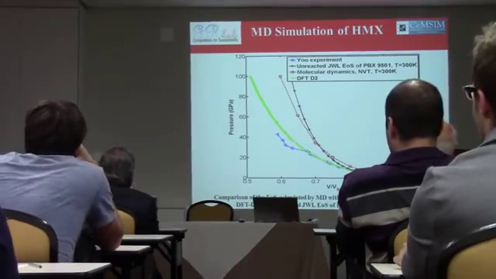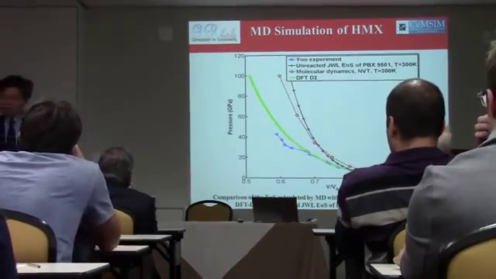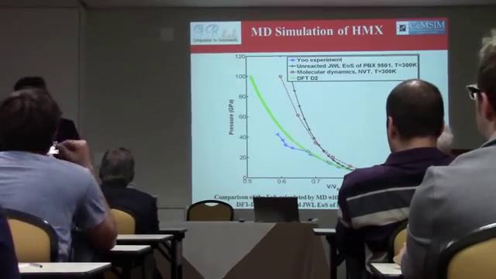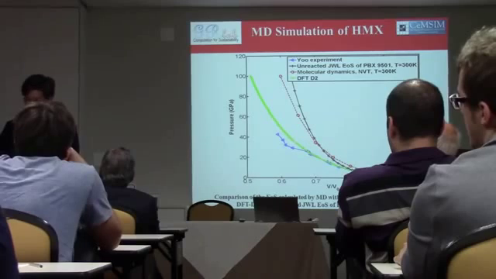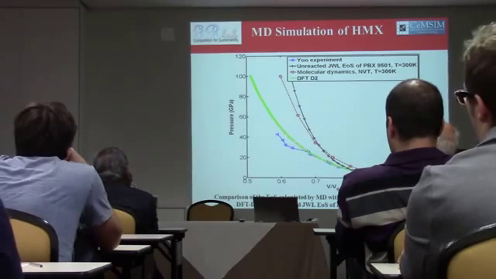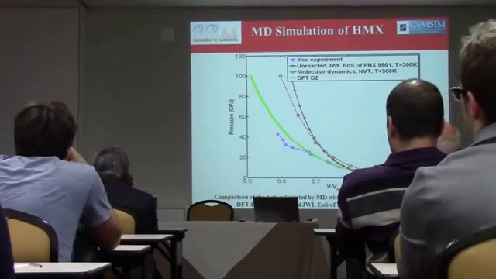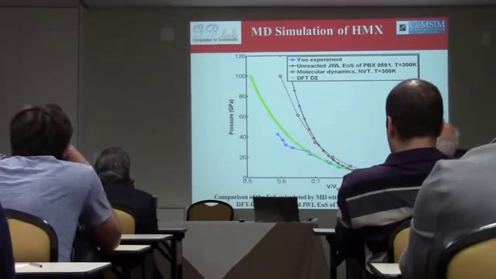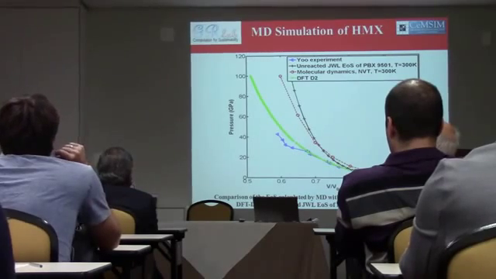Because we fix the temperature at 300 degrees, there's no burning occurring. It is purely a compressed piece of crystal. This is the DFT solution, and this is the experiment from this group. Actually, it's a reasonably good match.